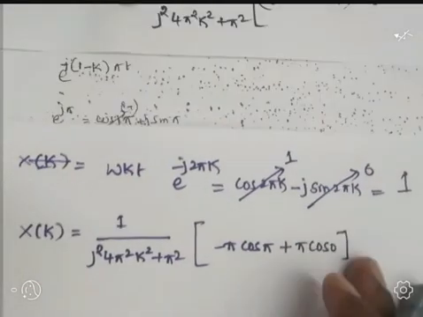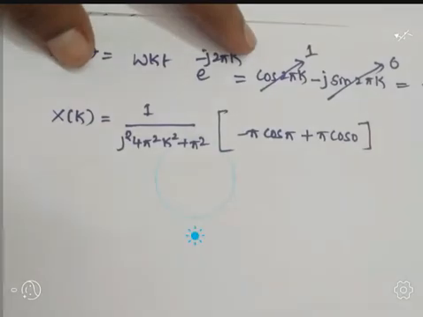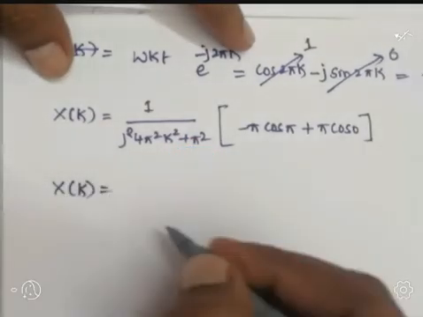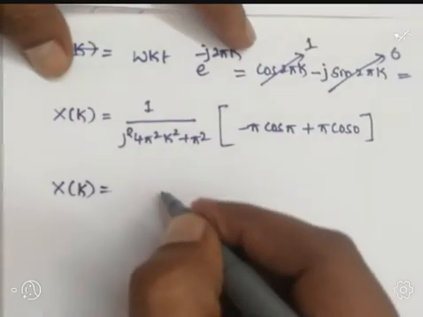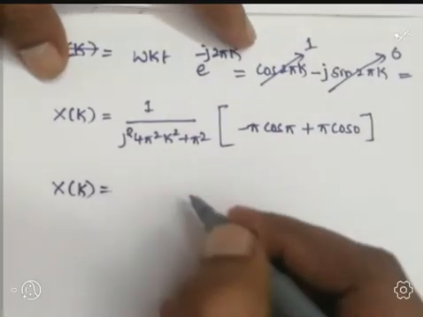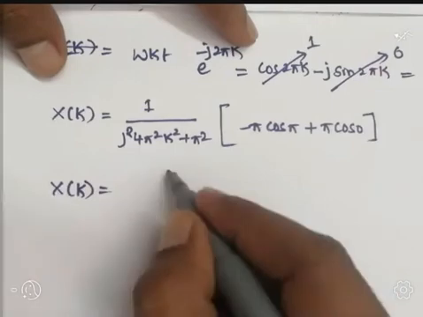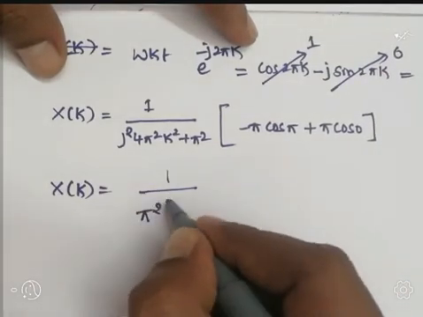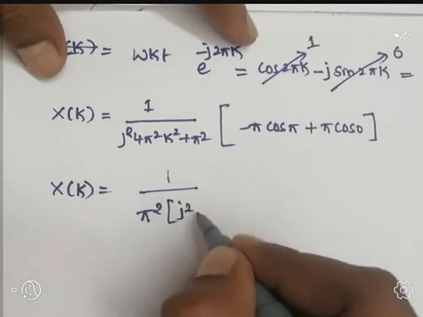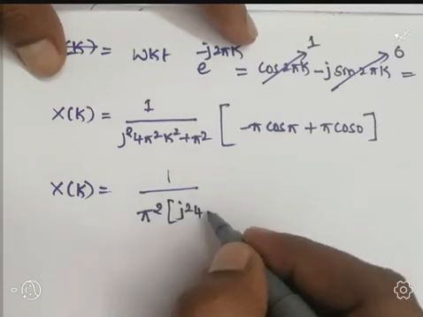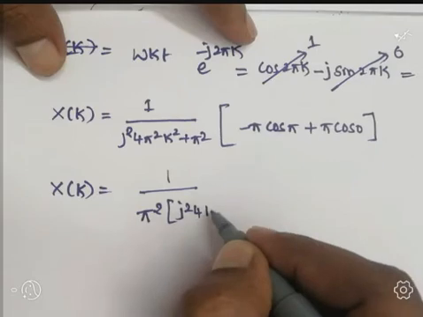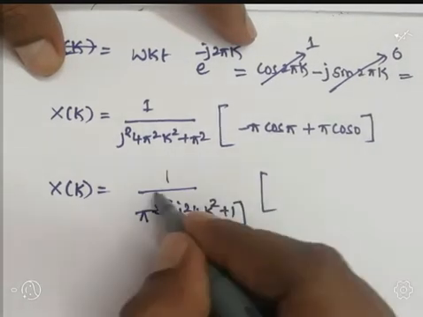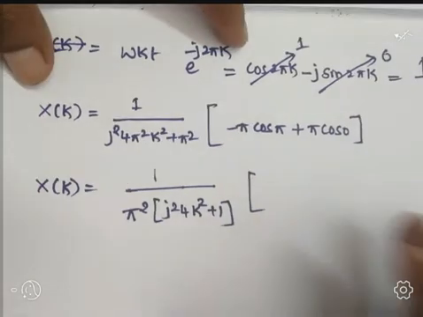Okay. Next simplification, x of k equal to we can write. So here I will take pi square common. If I take pi square common, what left? J square plus 4 k square plus 1. Here the term which is present inside the bracket, that one we have to simplify.